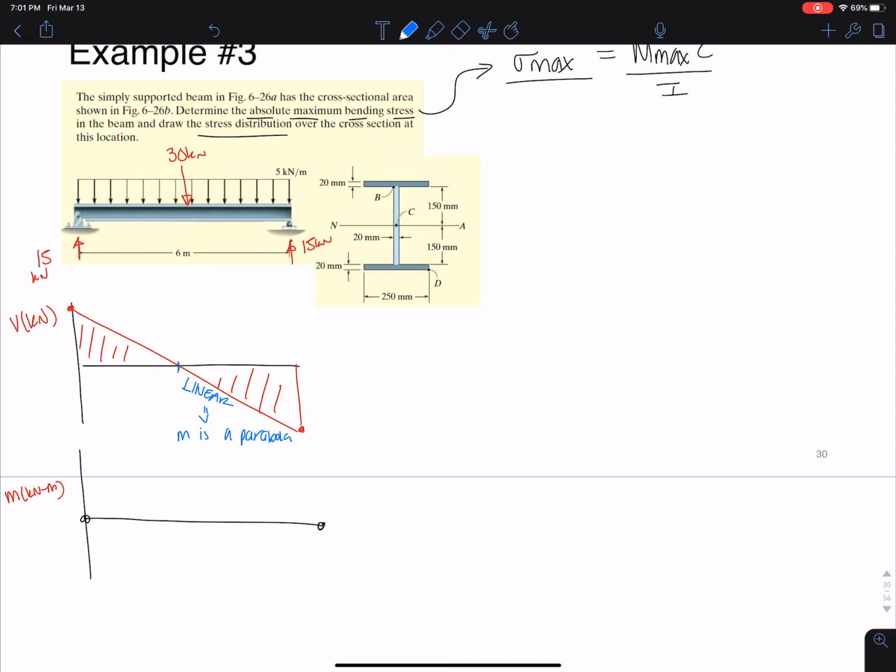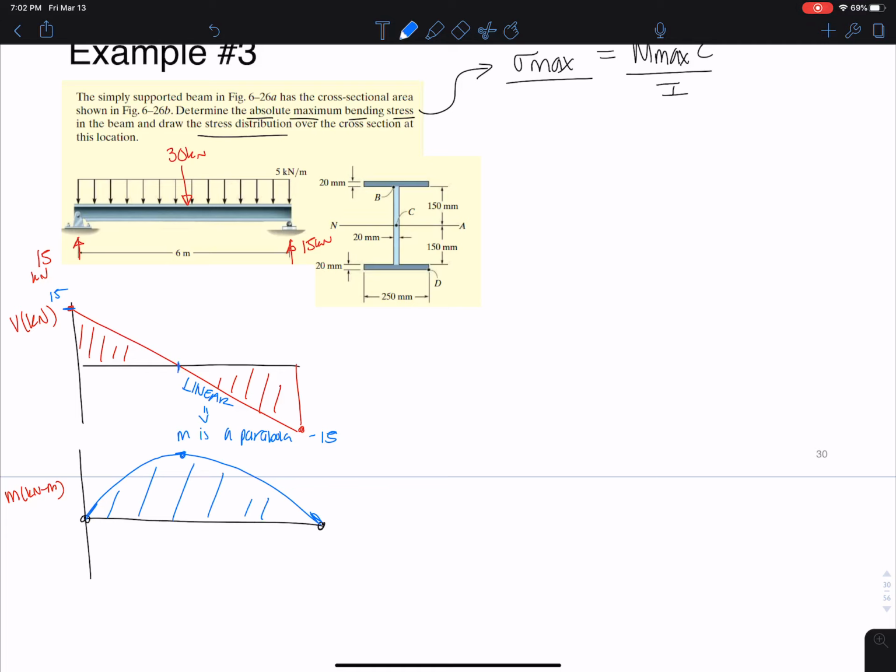At this point, I need to have a slope of 0. At this point, it's 15, negative 15. I start with a slope of positive 15, I have a slope of 0, and end with a slope of negative 15, for something like this.